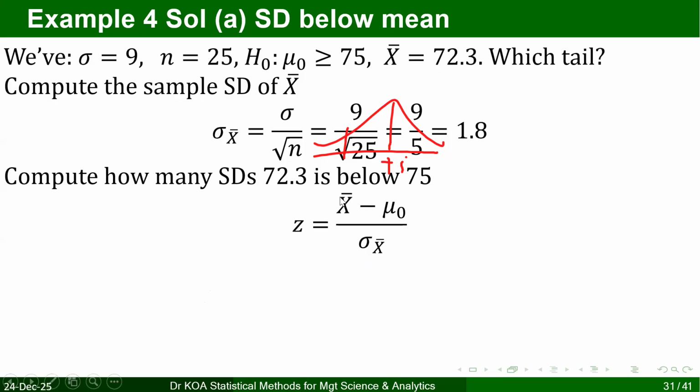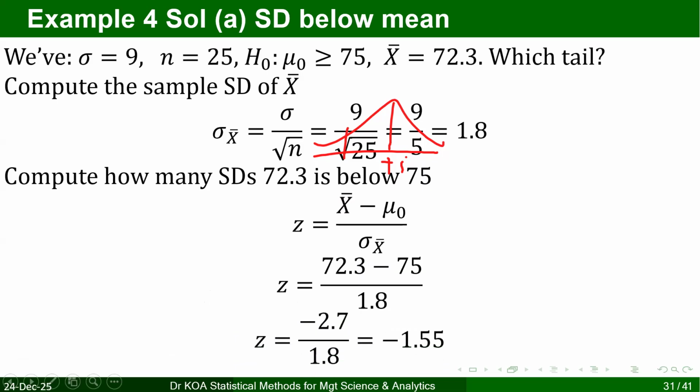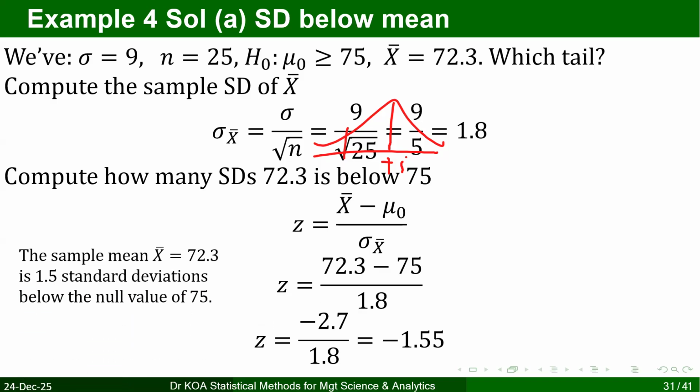So you substitute the 72 here minus the mean of 75 divided by the 1.8 standard error. That will give you a value of 1.55. It's negative because the 72 is below the 75, which is the mean. And so the whole thing is 1.55 standard deviations away from the mean.